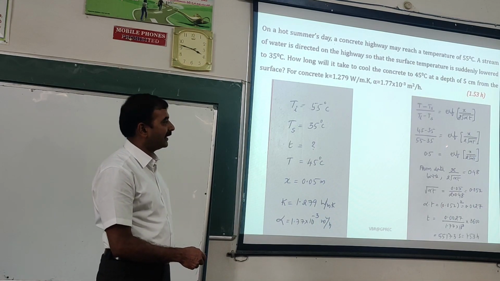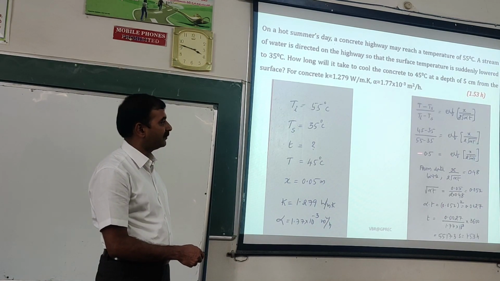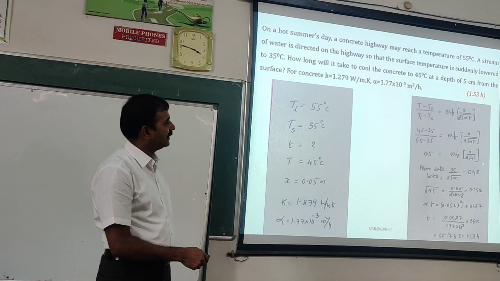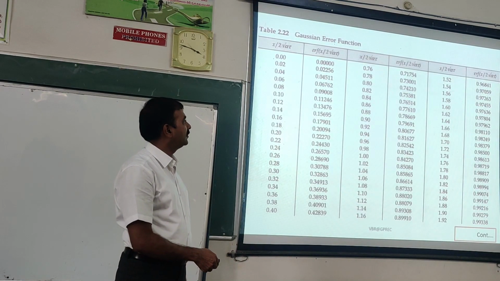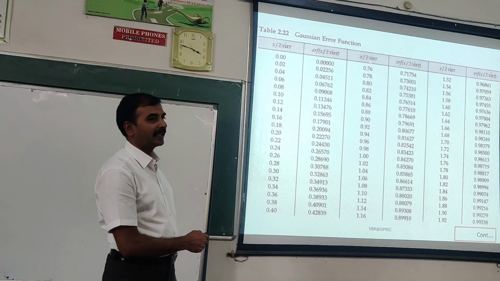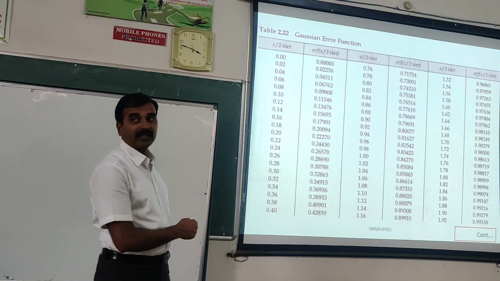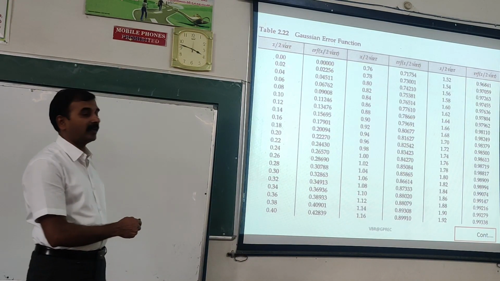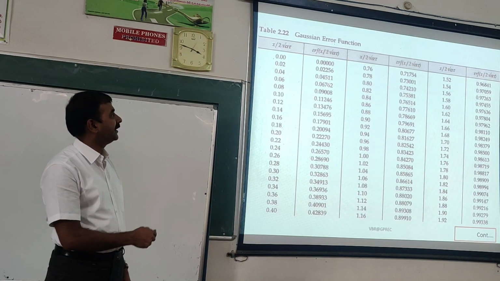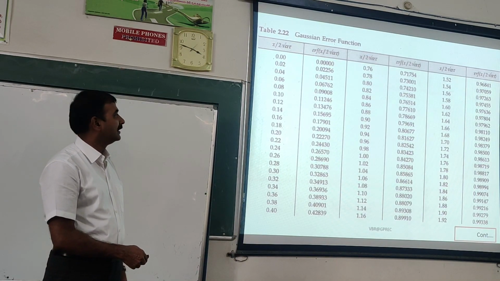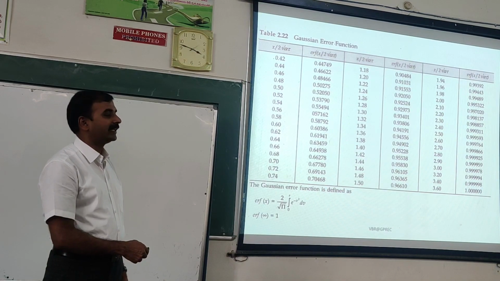So for a value of error function of something equal to 0.5, this something should have some value, right? And now you can get it from the Gaussian error function tables. Please look at this. Any value x by 2 root alpha t is now our variable, and error function of it is this, right? So likewise, you go here.